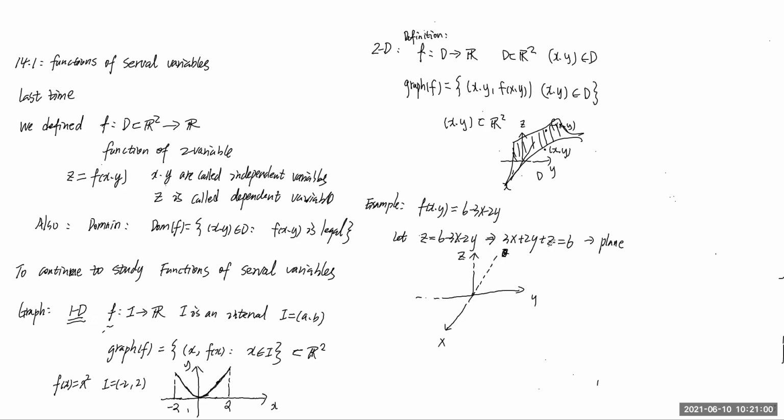When y and z are 0, x should be 2, right? And then let x and z be 0. We get y is 3, right? When x and y are 0, z is 6. And then we connect them.